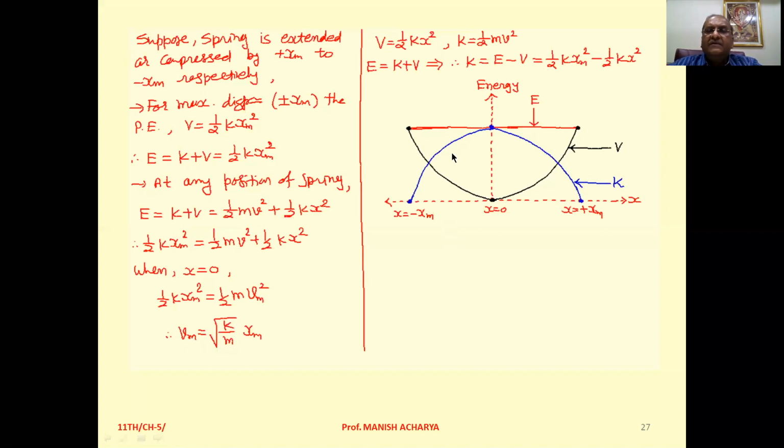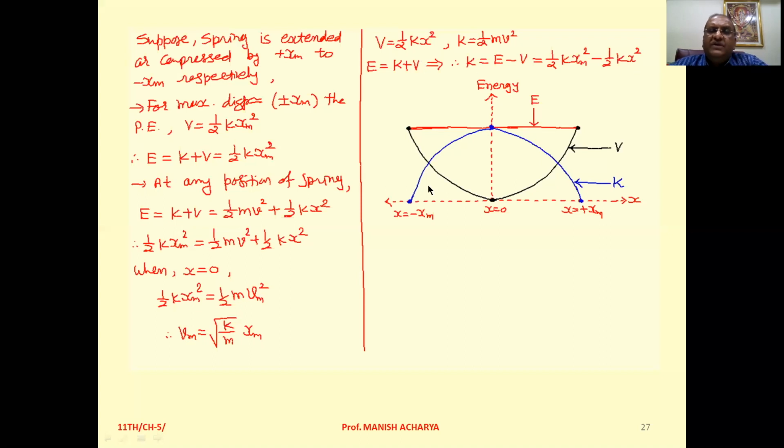Now see here, if we want to plot the graphs of these energies versus x, then first take the equations V equal to half kx square and K equal to half mv square. Total mechanical is K plus V. So K is E minus V, that is half k xm square minus half kx square.